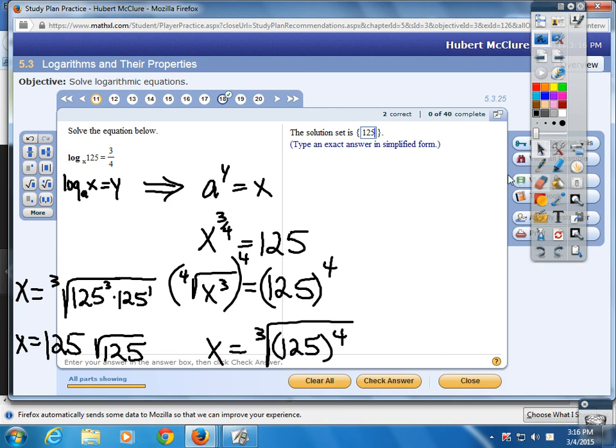Is it the square root? No, it's the third root. Sorry. What's the cube root of 125? 5? So that'd be 5 times 125, so 625.